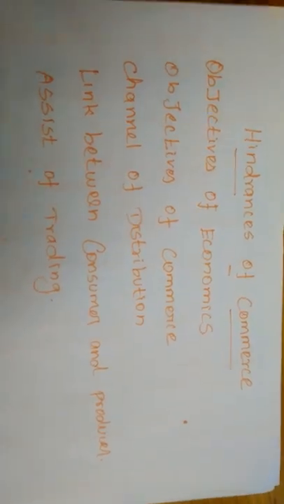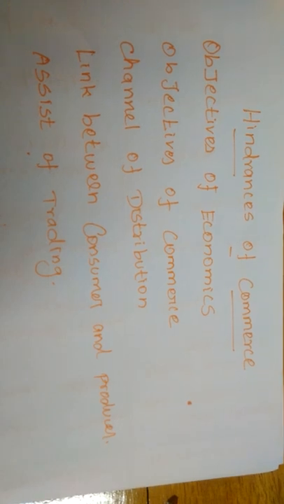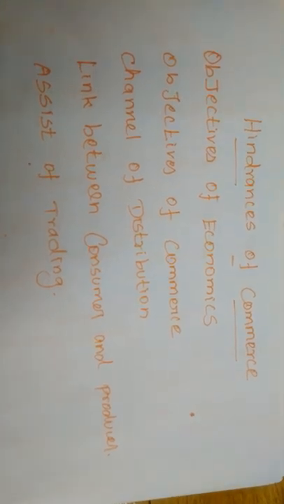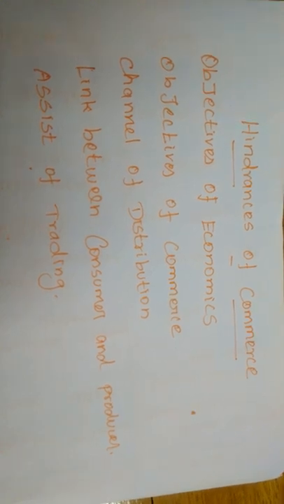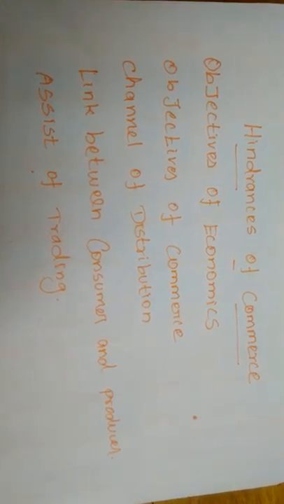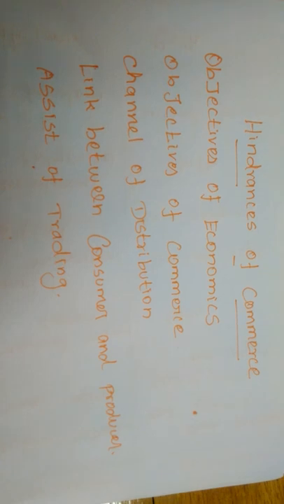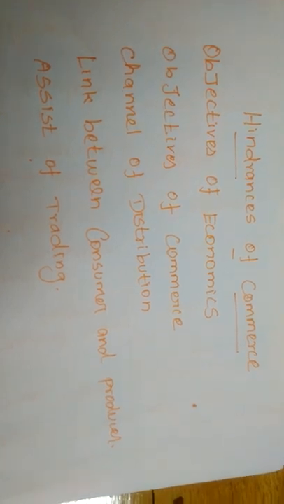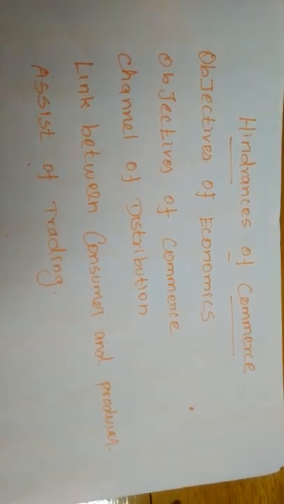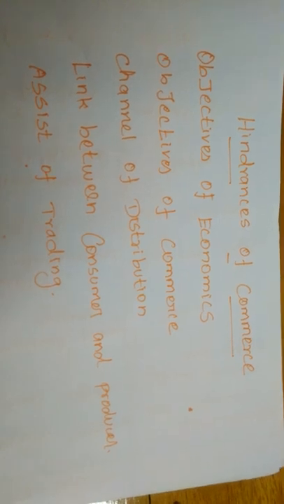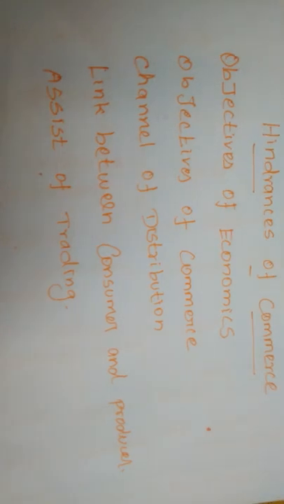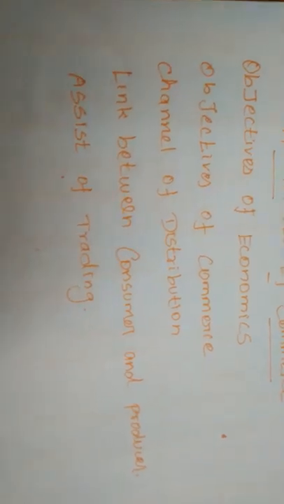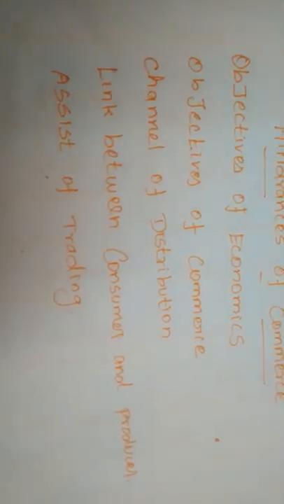Before that, we have to know about the objectives of economics. Simply, in one or two lines: the satisfaction of human wants. The production of goods and services for the satisfaction of human wants is the main objective of economics. At the same time, we have to know about the objectives of commerce also.